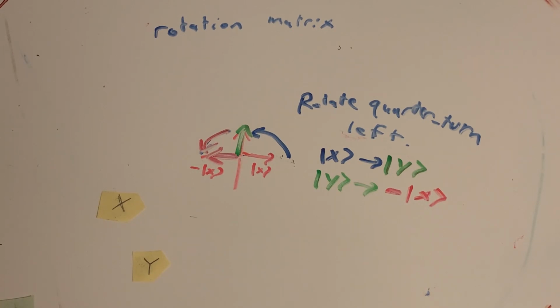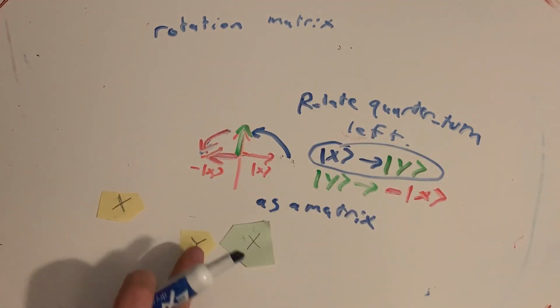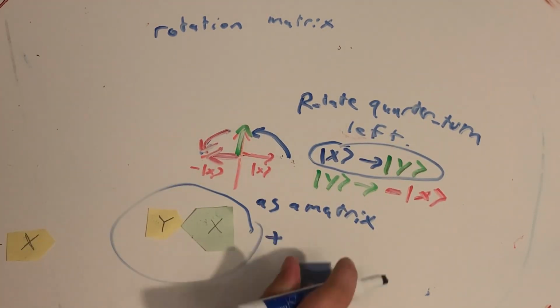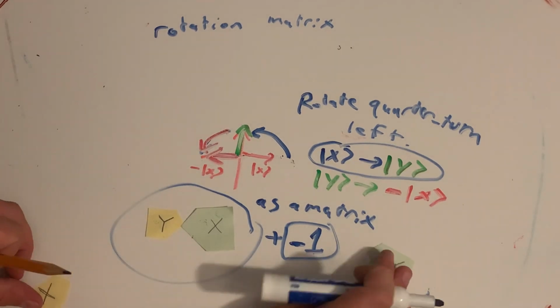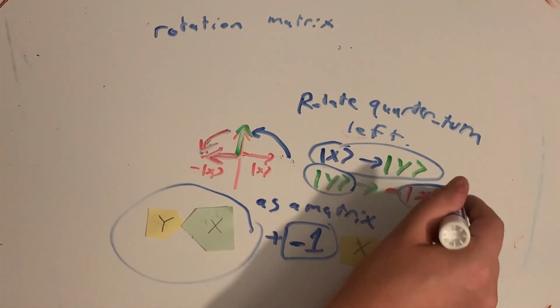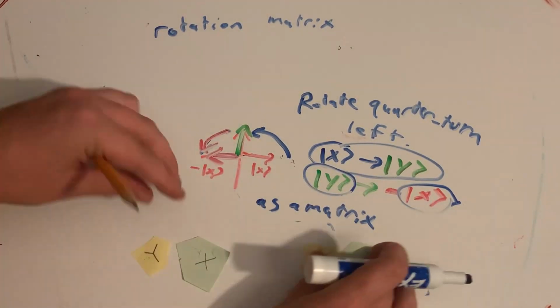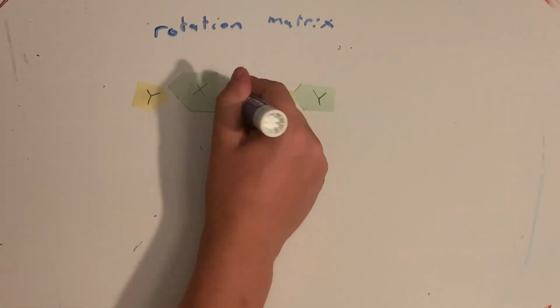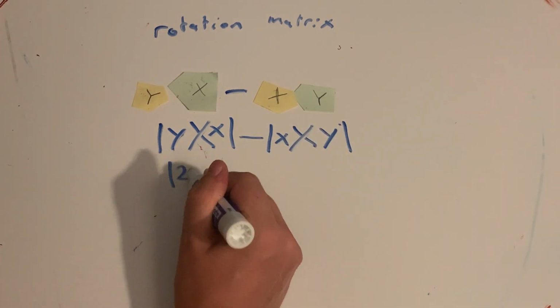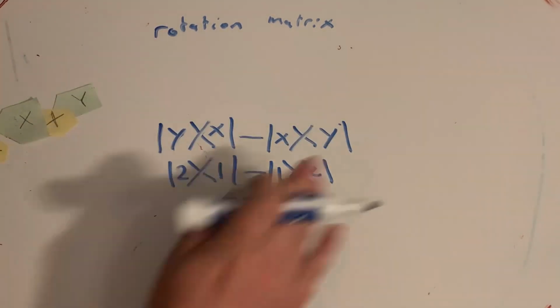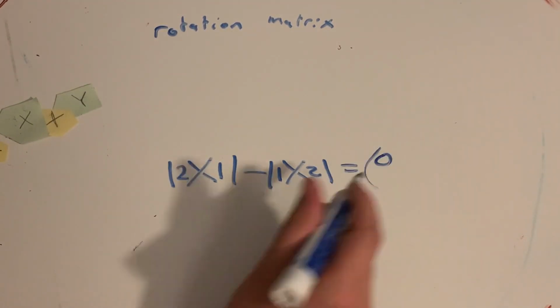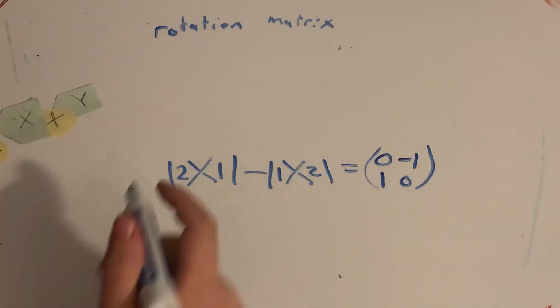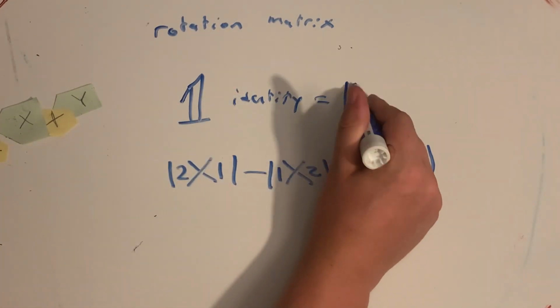And that's the fundamental thing. We know what happens to both basis vectors, and all vectors can be expressed as a sum of scalars times these basis vectors. So we have yx minus xy describing our rotation matrix. And I'm going to rewrite this as 2 1 minus 1 2.